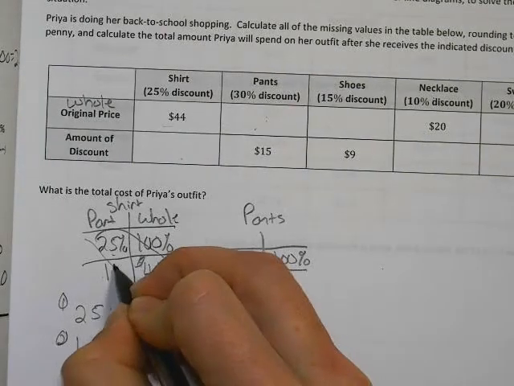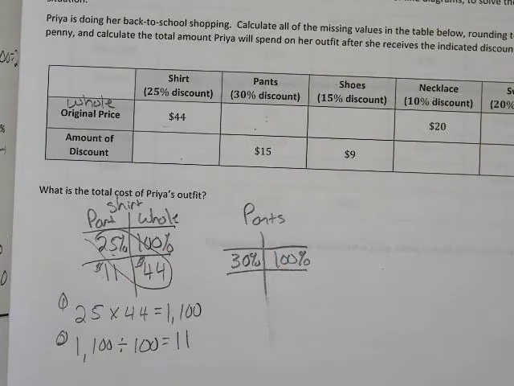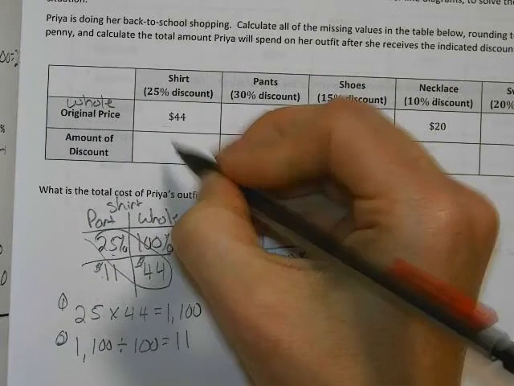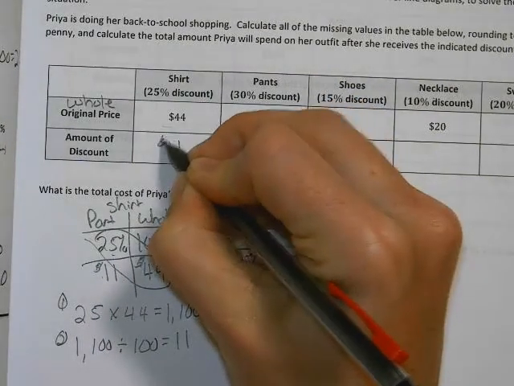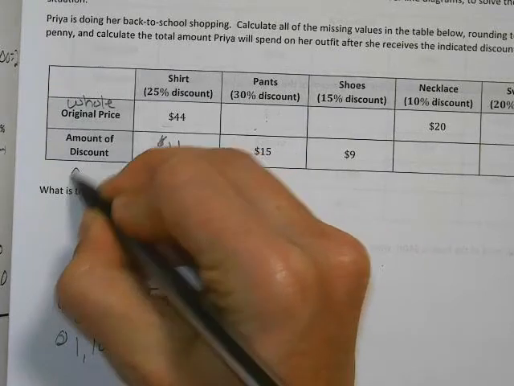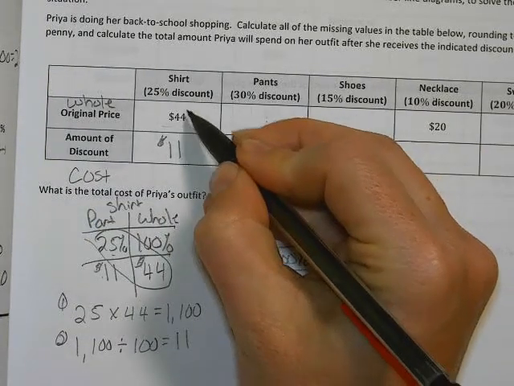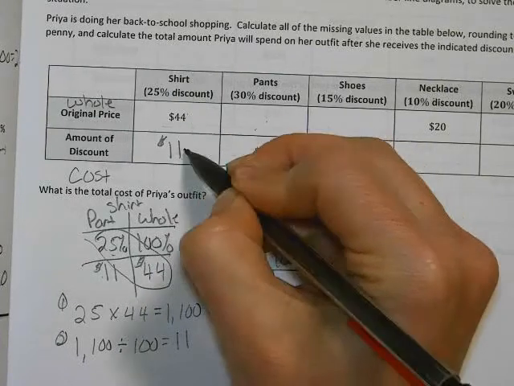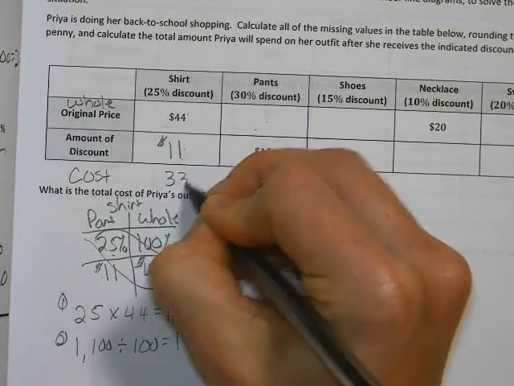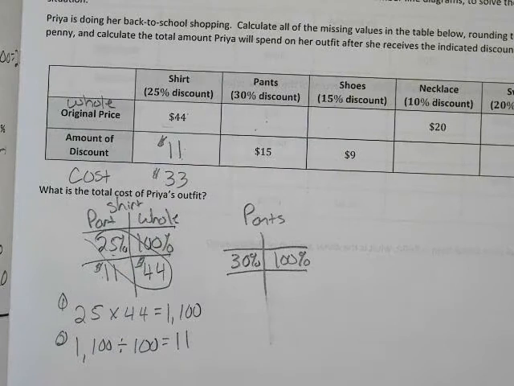So 25% of that is $11. So the amount of the discount would be $11. And if you would have to say, then how much did it cost? We would take the original price minus our discount, and that would mean that your actual cost was $33. And we did that by subtracting.